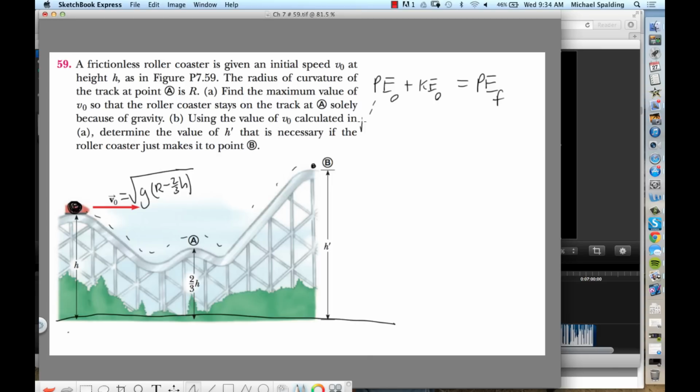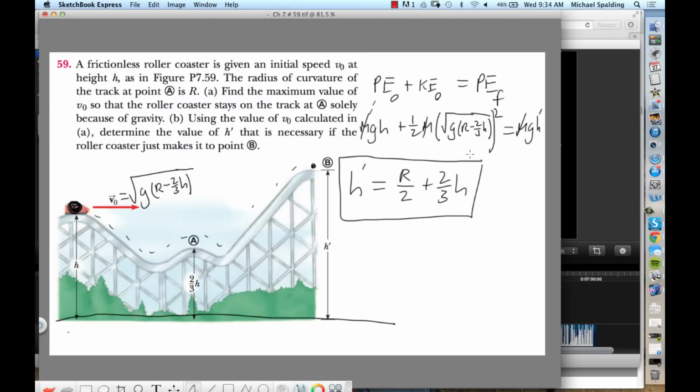So when you plug in, this is going to be mgh plus 1/2 m, and the velocity we're starting with is square root of g r minus 2/3 h, squared, equals mgh prime. All the m's cancel, so now the rest is algebra. You have to solve this for h prime. When you solve that for h prime, it comes out as r over 2 plus 2/3 h. Okay?